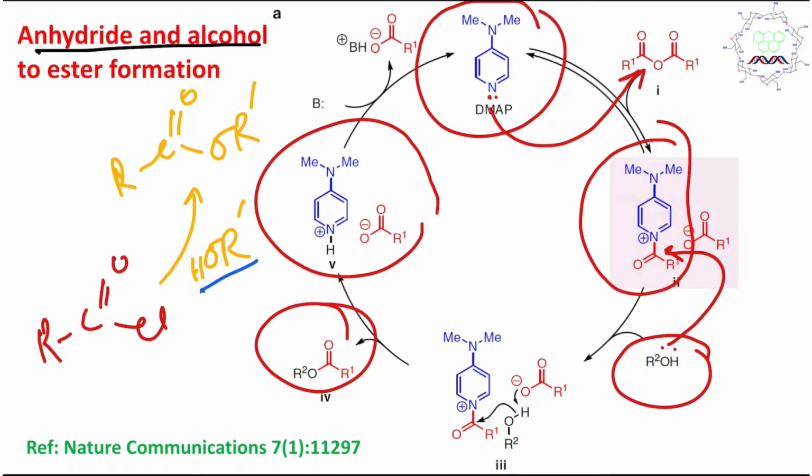Any base like triethylamine or pyridine, etc. In that case this triethylamine also acts as a nucleophilic catalyst, and by the way, I have already discussed in a dedicated lecture where I have shown that the intermediate between RCOCl plus TEA could be isolated. I shall provide the link in the description, please visit for better understanding.